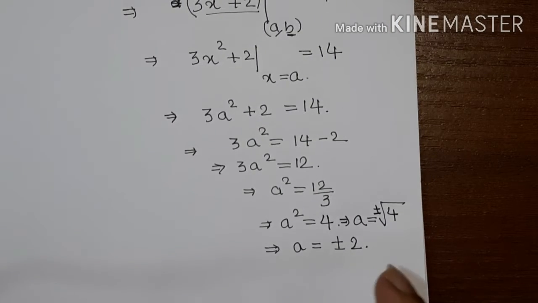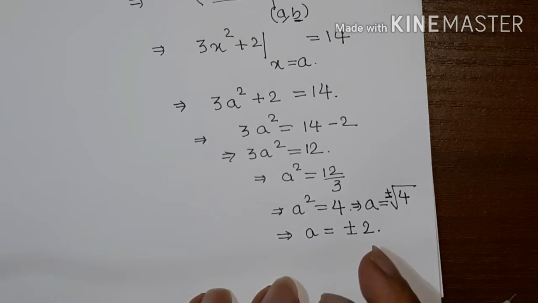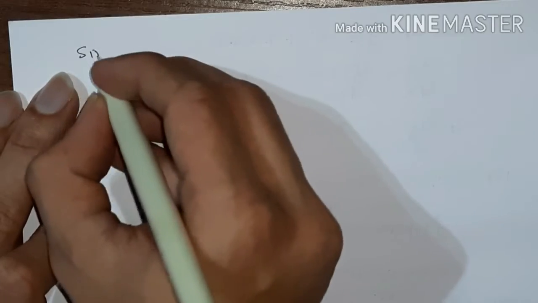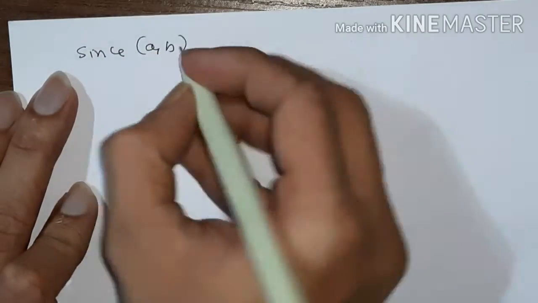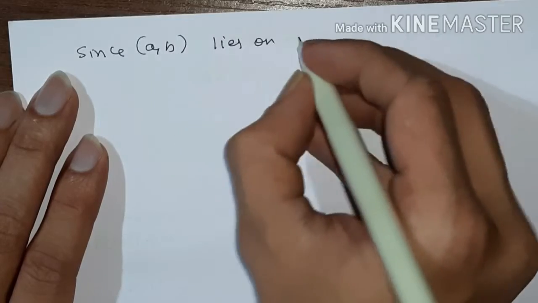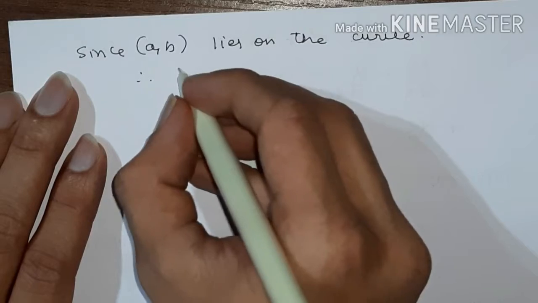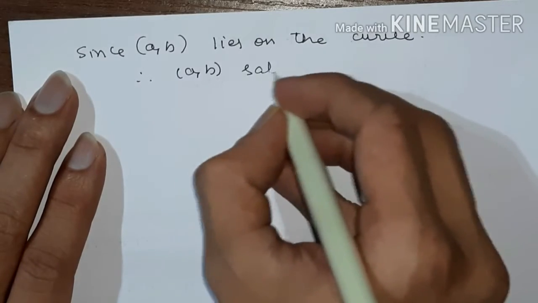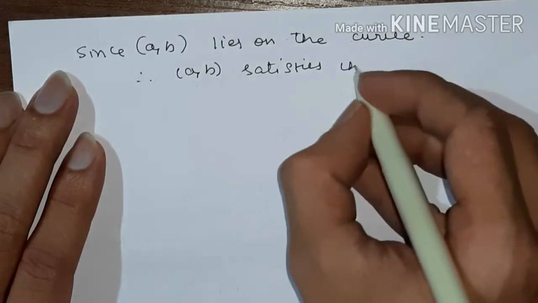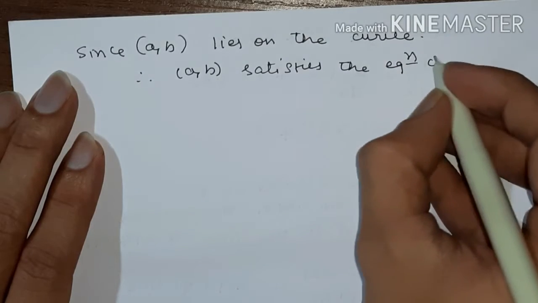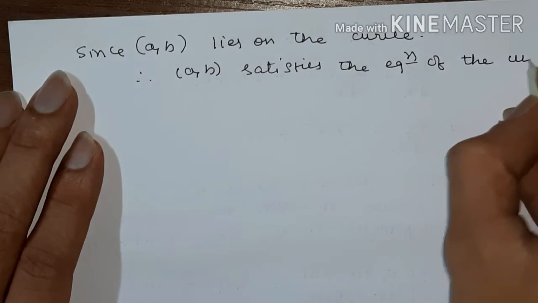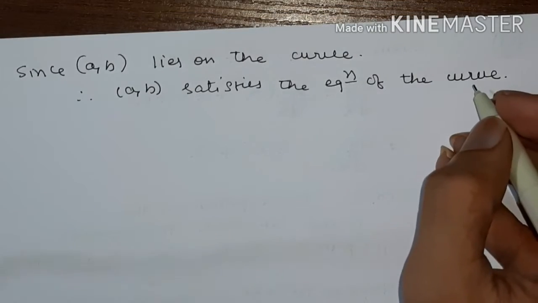Now for these values of a, what we have to do? We have to find the values of b on the curve. So since (a, b) lies on the curve, therefore (a, b) satisfies the equation of the curve, right?